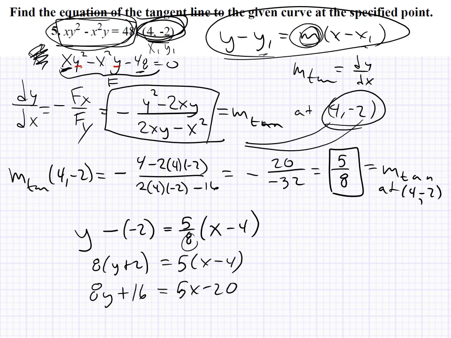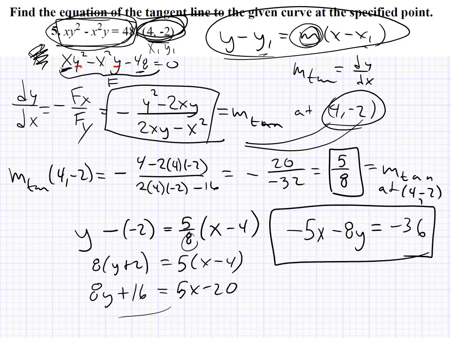Bring all your x's and y's to one side, constants to the other, kind of cleans this thing up. So we end up with negative 5x minus 8y equals negative 36. There are a bunch of different variations of the same answer depending on which side. Sorry, this is plus y, plus 8y. There's lots of different variations of this answer, but this is one of them.